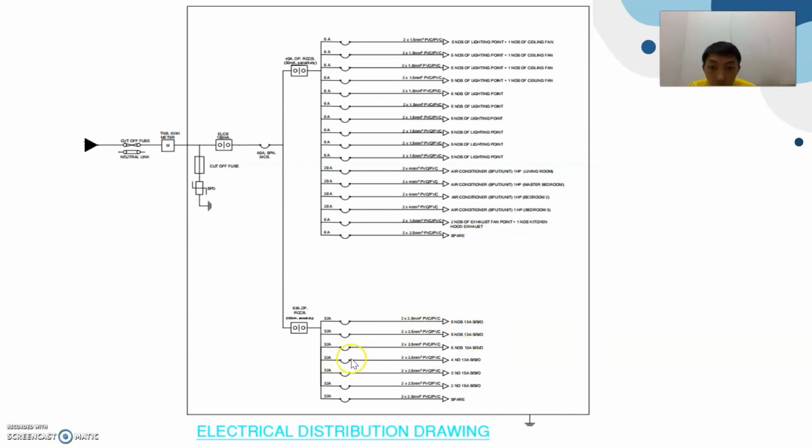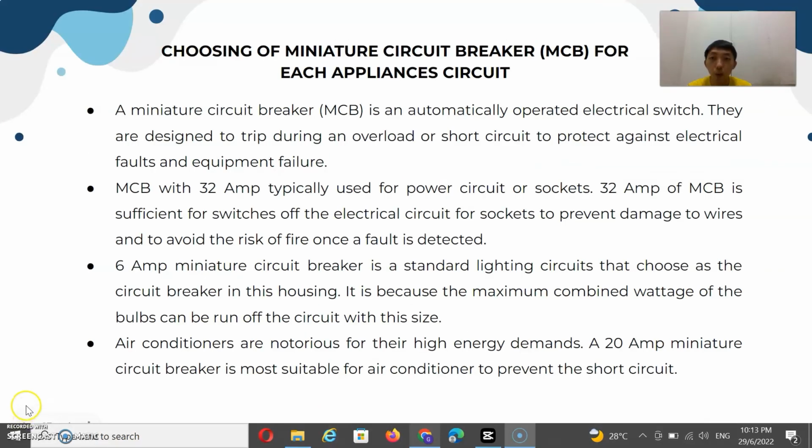This is the 32 ampere circuit breaker to control the 4 of the 30 ampere sockets, and this is the 32 ampere circuit breaker to control the 3 sockets, and this is the 32 ampere circuit breaker to control the 2 of the 50 ampere sockets, and this is the spare line with 32 ampere.